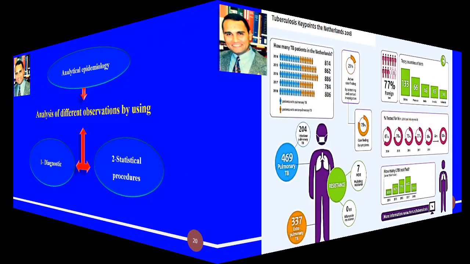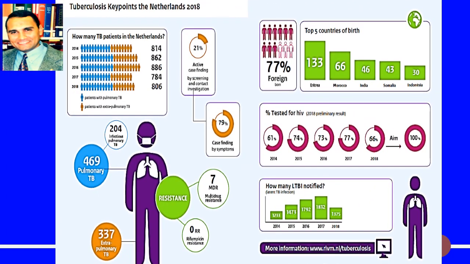A good example of analytical epidemiology is a study done in the Netherlands in 2018 about tuberculosis in human beings in that area.